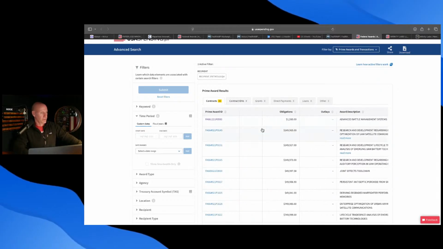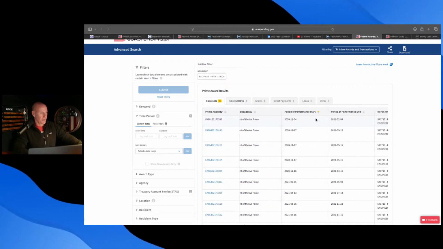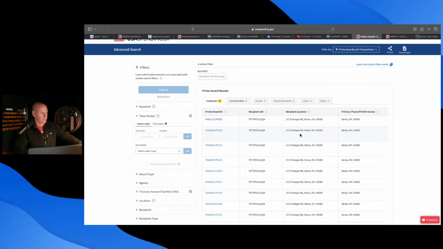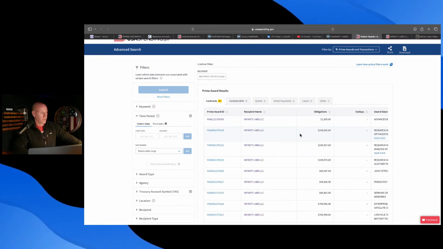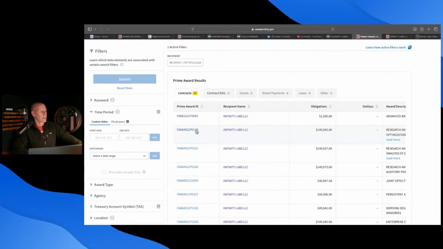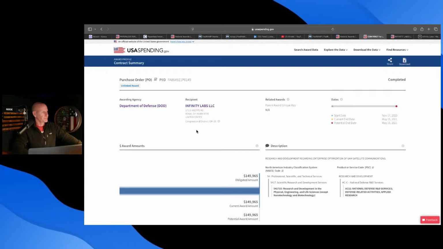Okay, what about number 2? So that was the first one we saw, I want to say in FY20, right? And so this one, though, we can see just like a week later, period of performance start, for 149,000. So again, if your company did something like this, you might be looking at them to see how they did it. How do they get into the space? So this was a purchase order.